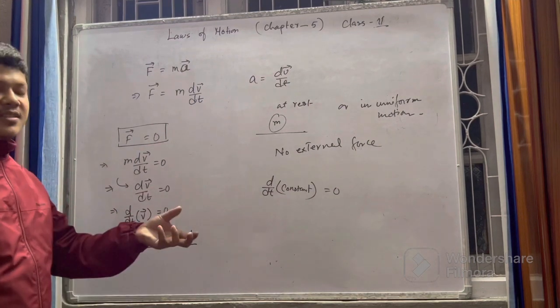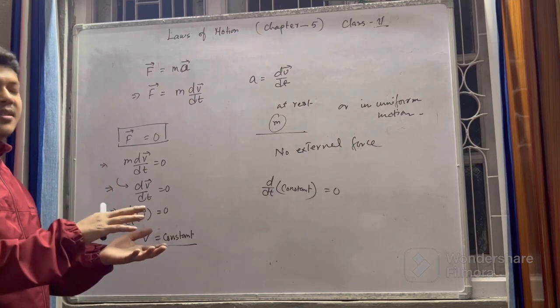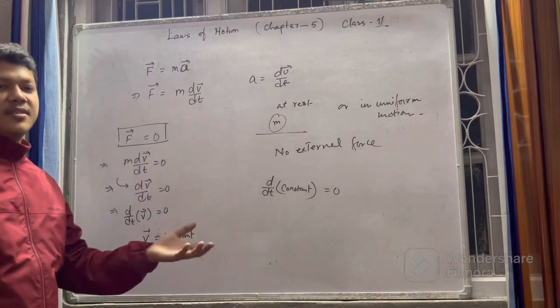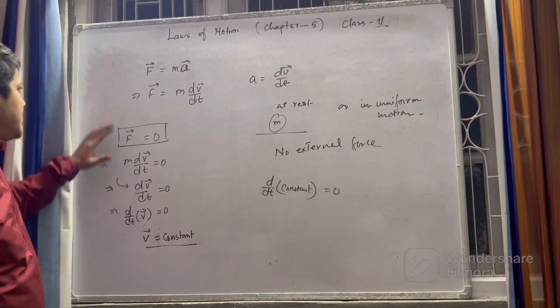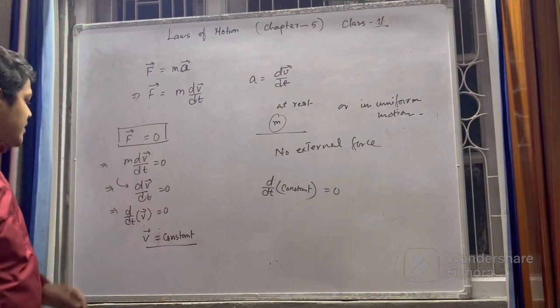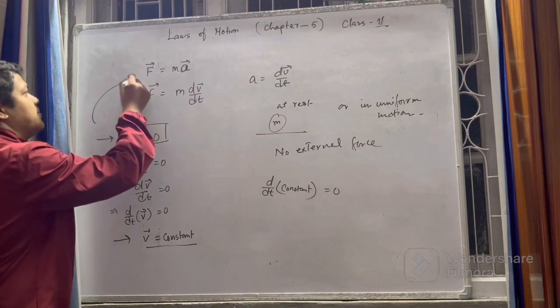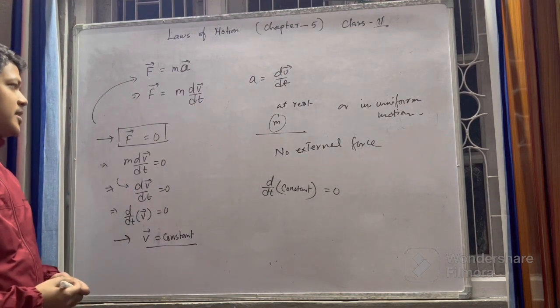If it is at rest, that means v is 0, unless and until you apply an external force, it will be at rest, its velocity will be 0, right? That is what we have obtained, that v is constant when F is equal to 0 from this second law, right? Hope you have understood this.